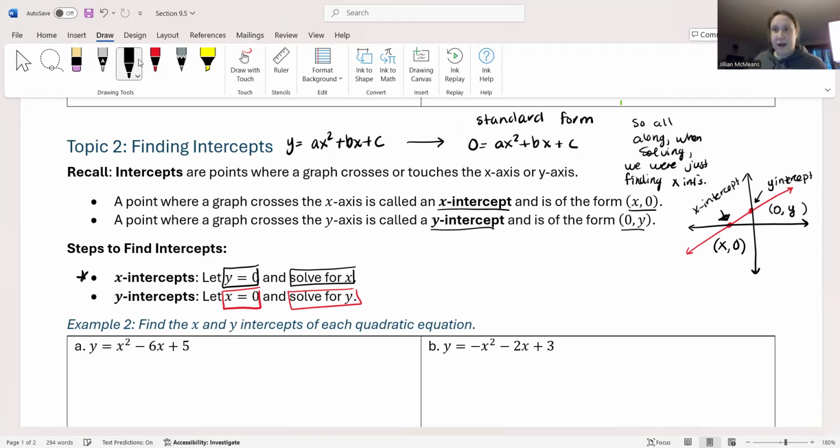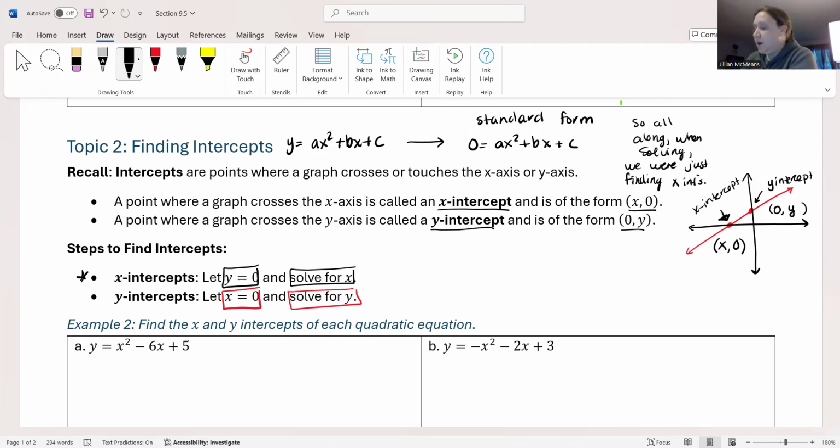I'm going to shorten that to INTS just for the sake of space. All this time when we were learning how to solve quadratics by factoring, the square root property, completing the square, and the quadratic formula, with that idea of standard form, we were just finding the x-intercepts all along. So when we go to find x-intercepts to graph the equation, we're doing stuff we've already known how to do for quite some time. Now, to find the y-intercept, we just let x equal 0.